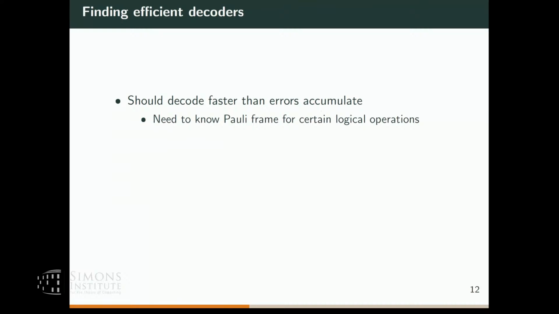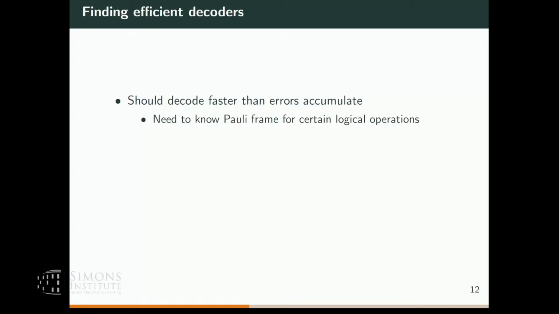The general problem of decoding, it's important to have an efficient decoder because you actually have to decode faster than errors accumulate on your device, or else you're going to run into this backlog problem where you're trying to decode and more errors have accumulated, and the next round there are more errors, and it will just take longer and longer to do your computation.